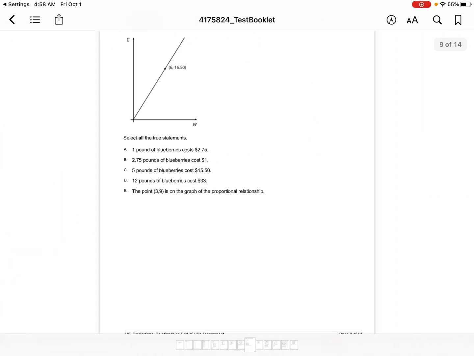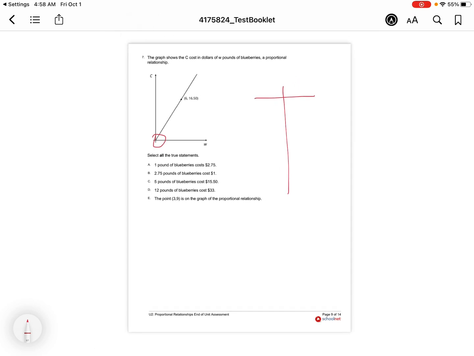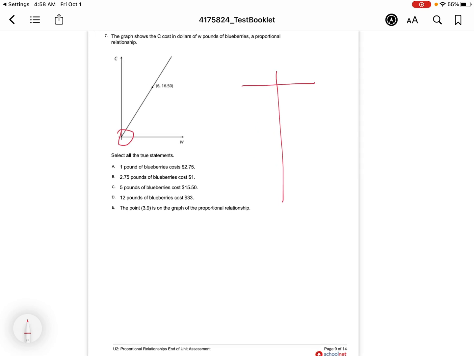Select all the true statements. Okay, so I know I have a point. I know it's proportional because it's going through the origin and it's making a straight line. It says the graph shows the cost in dollars, W pounds of blueberries, and it's proportional.